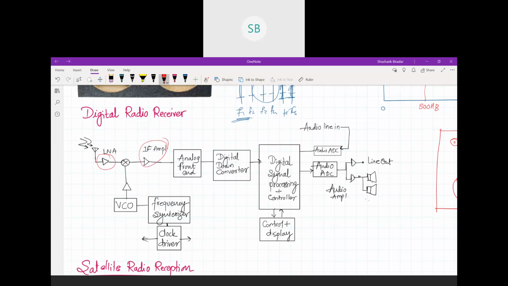The audio codec consists of digital to analog converters, which convert the digital radio signal processed by the digital signal processor back to analog form and apply it to the audio amplifier, which drives the loudspeakers. The audio amplifier here is typically of class D type, which has very high conversion efficiency and very low harmonic distortion.